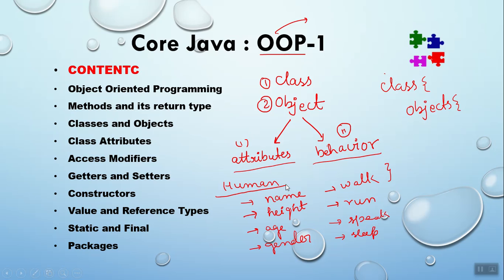Similarly, you have to think for each object. So let's say another object, dog. Dog is another object, and here we have breed and the color of the dog.